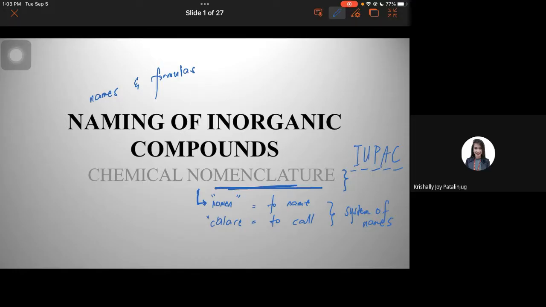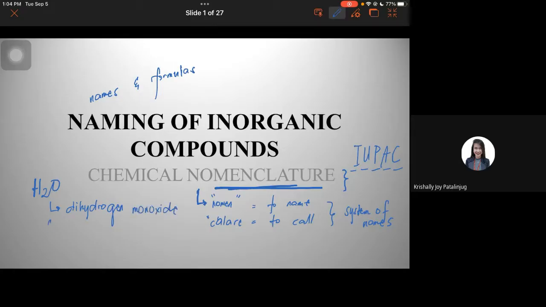Although there are some substances that have been known for a long time by their traditional name, or what we call the common name. Example, the compound H2O. Instead of calling this compound by its systematic name, which is dihydrogen monoxide, of course, we use the name water.